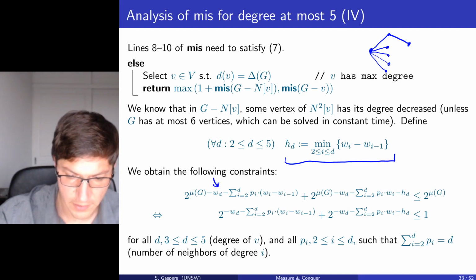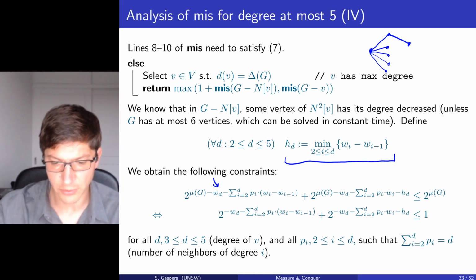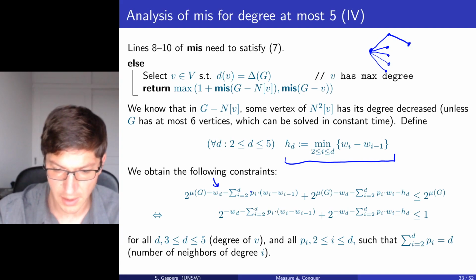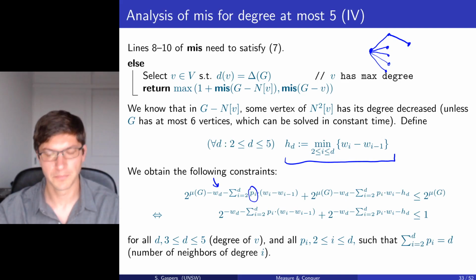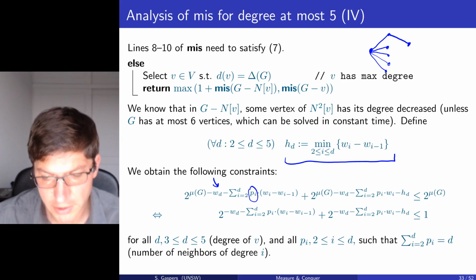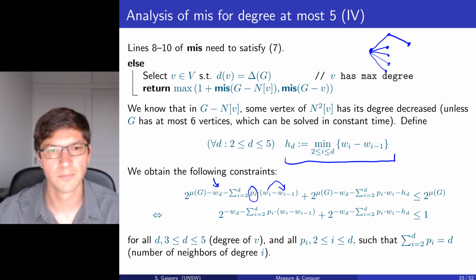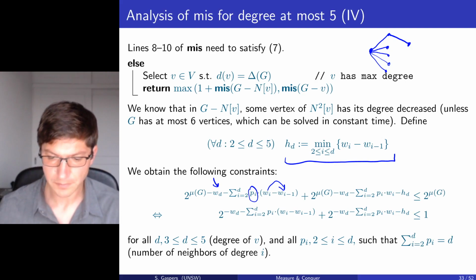The vertex gets removed, let's say it has degree D, and then for each neighbor, and here Pi denotes the number of neighbors of degree I, the degree of the vertex decreases from I to I minus 1. And that's all that happens in the measure.